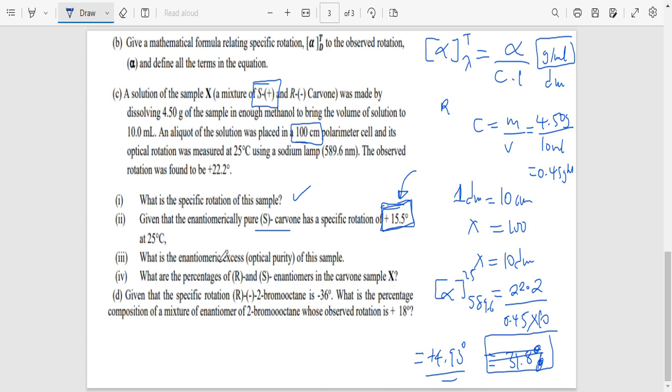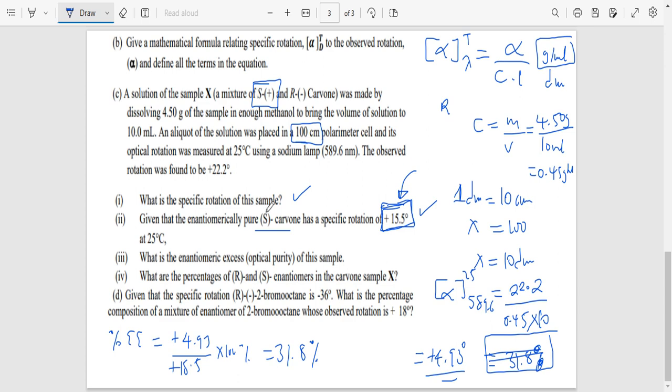We want now to calculate the enantiomer in excess. Now, the enantiomeric excess, percentage EE, is going to be the observed, which is basically what we have from calculating, 4.93, and then we divide by the one for the pure S, that is 15.5, and then we multiply that by 100%. That will give us now the 31.8 percent.